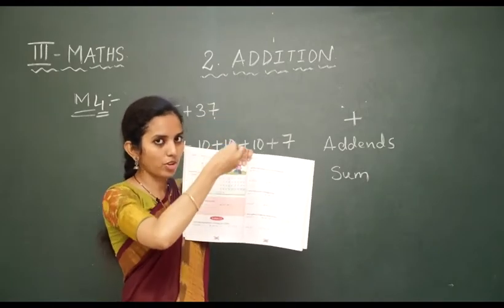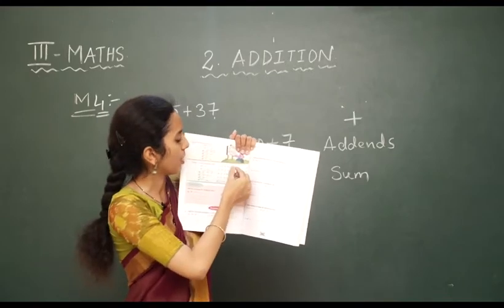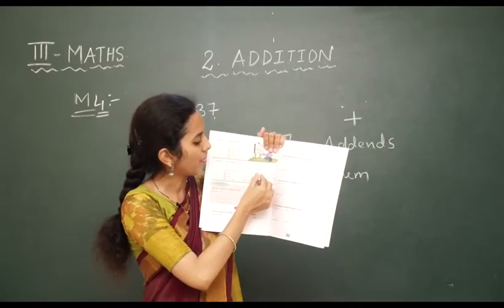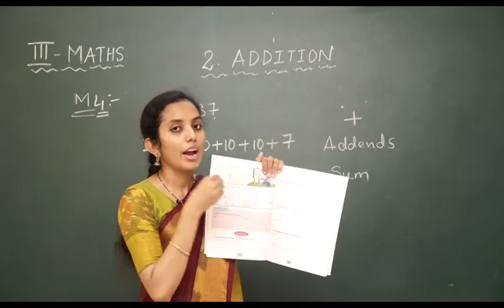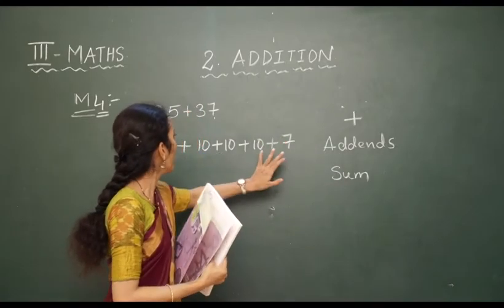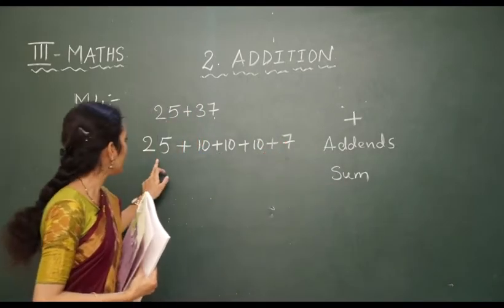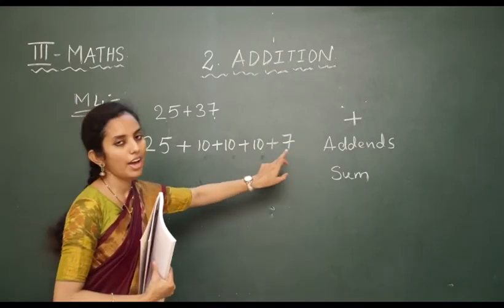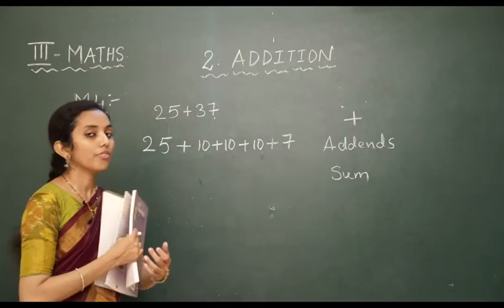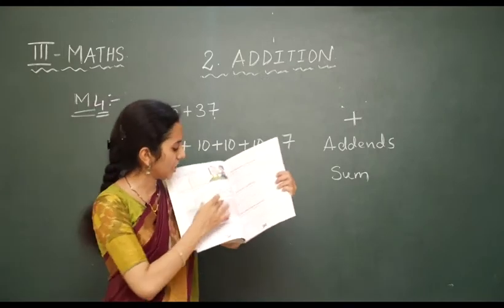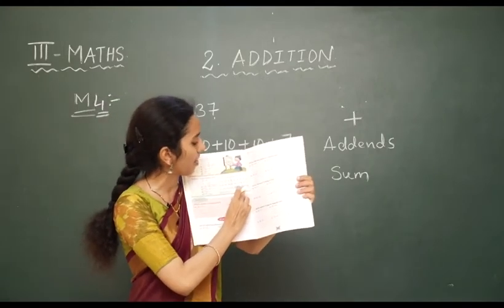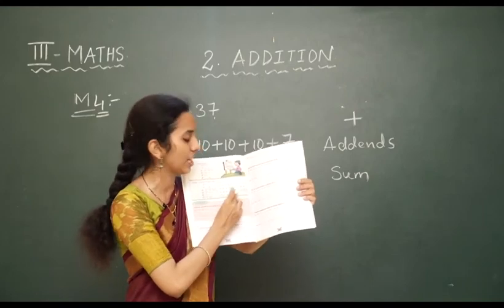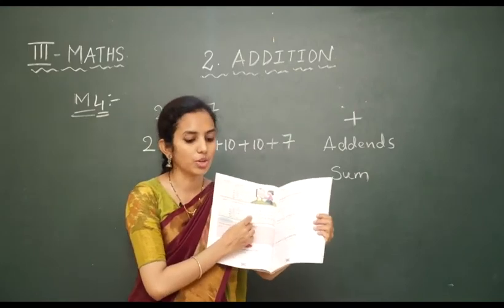So we have to come down in the number chart, that is 25, 35, 45, 55, and after 55 what is there? We have 7 here. This is 25, 35, 45, 55 and 7. So 55 plus 7, that is 56, 57, 58, 59, 60, 61 and 62.